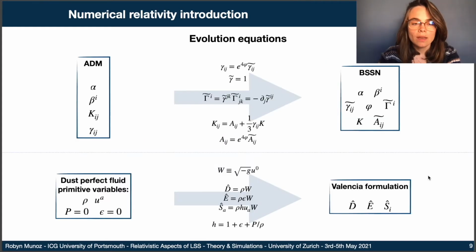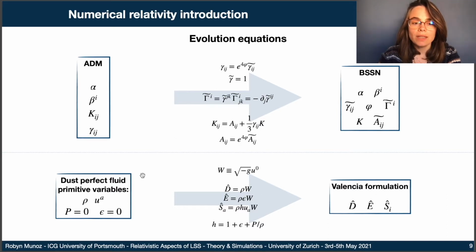I have introduced a good number of parameters so far, but actually the system of equations that they provide is not strongly hyperbolic. So should you run a simulation with these, your simulation would quickly crash. So a conformal transformation to the BSSN formalism is needed to have a system of equations that is strongly hyperbolic.